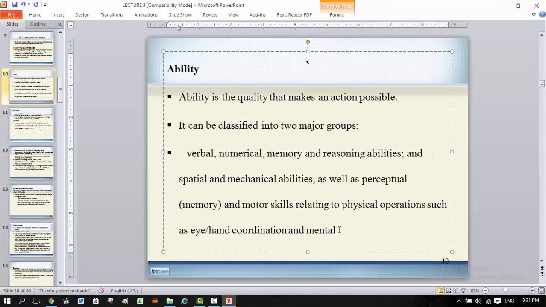They may have strong memory as compared to the others. They may have reasoning skills. Similarly, they may have verbal skills, while the others may have mechanical abilities, skills relevant to their physical structure, to the physical work, the physical operation.